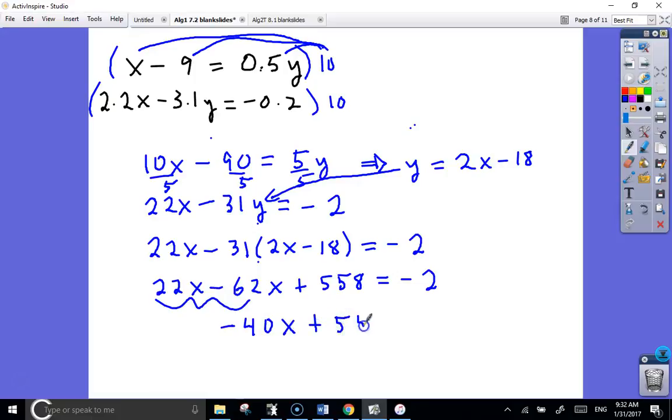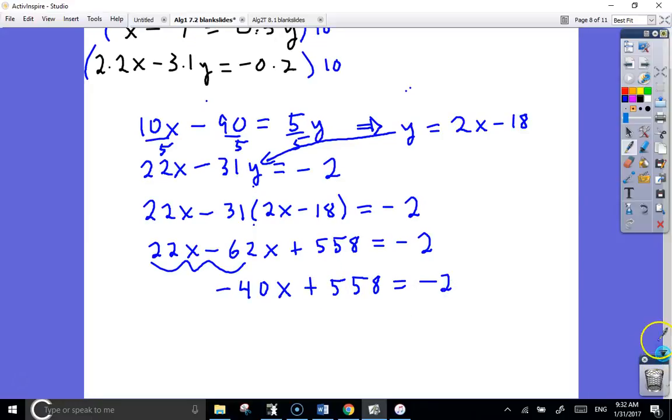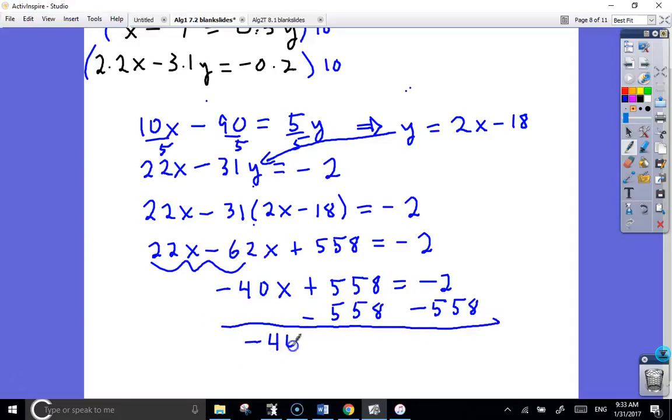Okay, now we've got a two-step equation. Subtract 558. Minus 558. Negative 40x, and Callie said that was negative 560.